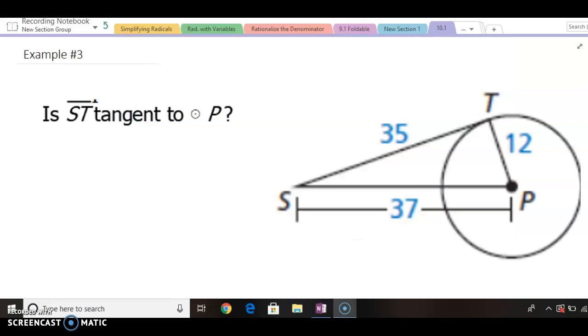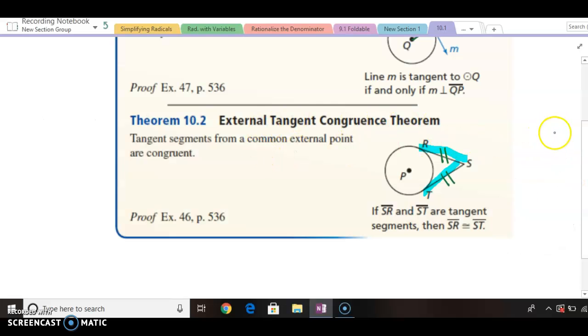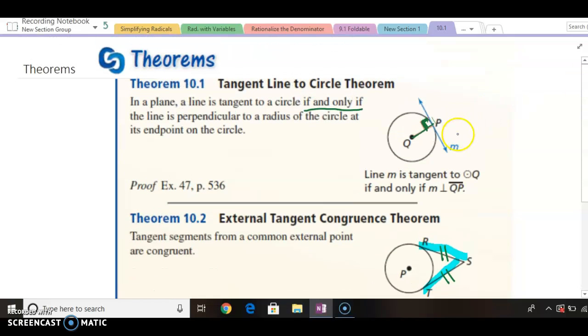All right, let's look at example 3. It wants to know, is ST tangent to the circle? Well, it looks tangent, but we cannot go by looks. Hopefully you've learned that so far. From theorem 10.1, we know it's tangent if and only if it causes a right angle where the radius meets it.